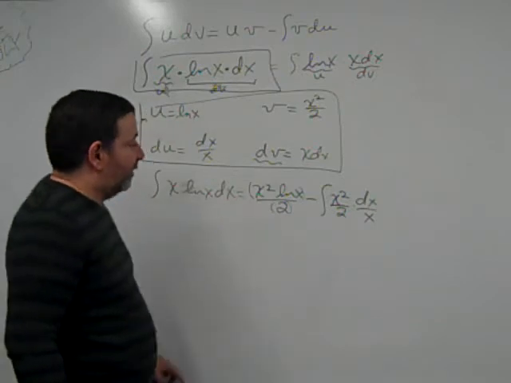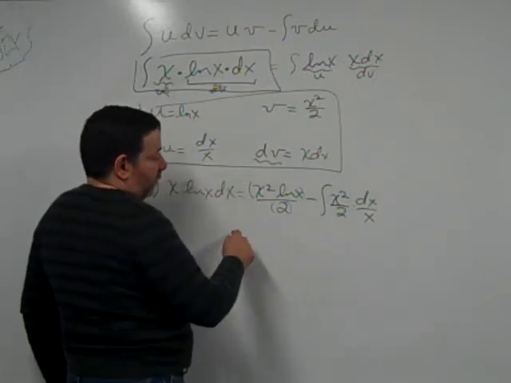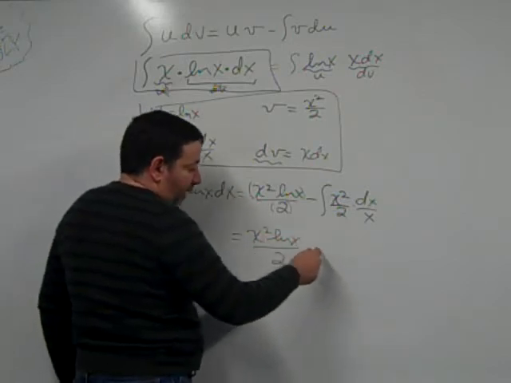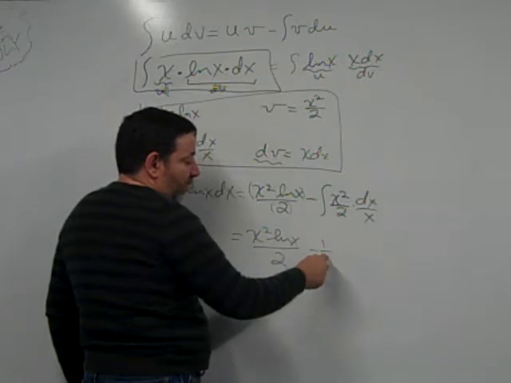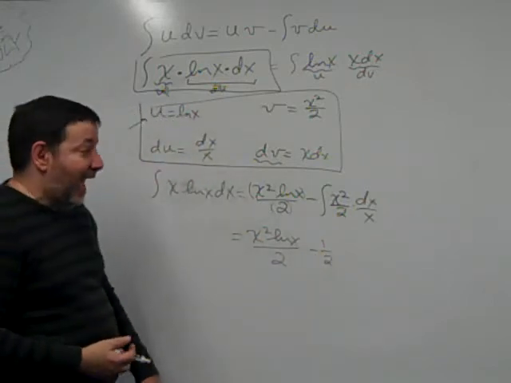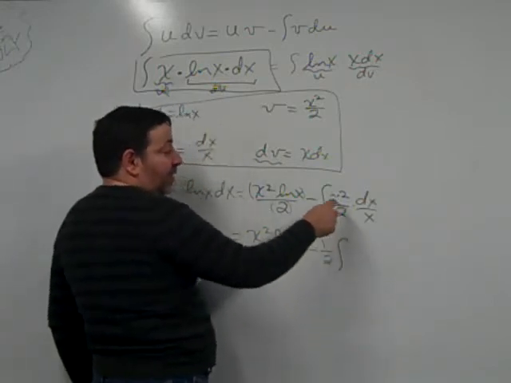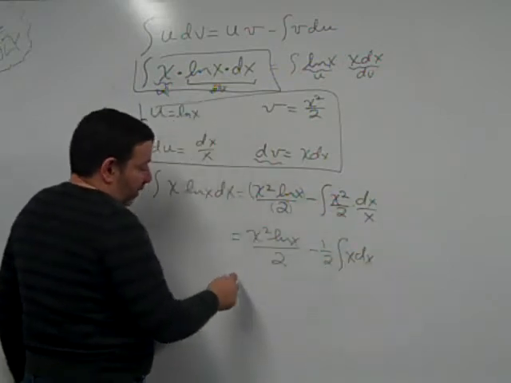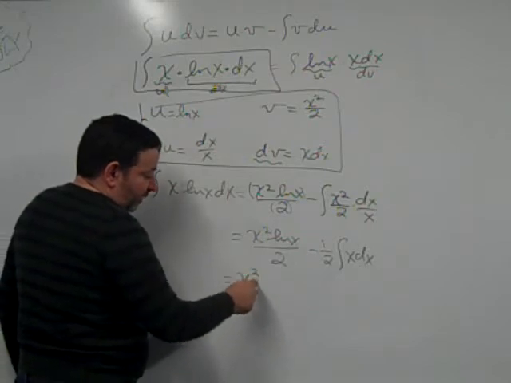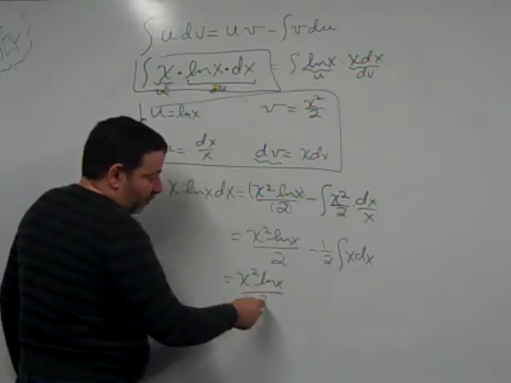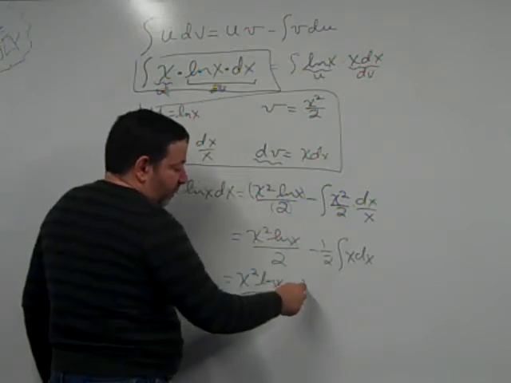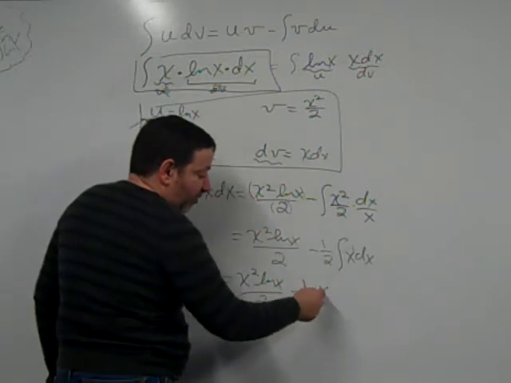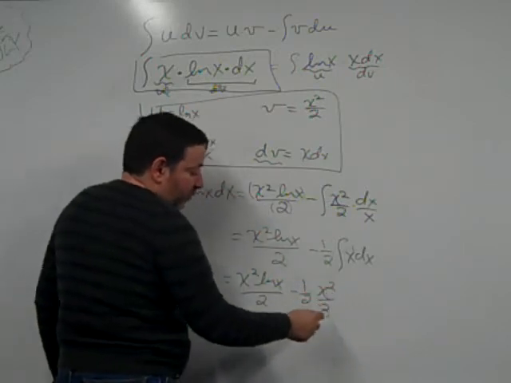Okay, so let us solve this integral. So you have x squared ln of x over 2 minus, I'm going to bring the 2 out since it's in the bottom, say a half, and put it in front of the integral, and x squared over x is just x dx. Okay, so we're almost there. x squared ln of x over 2 minus 1/2 times the integral of x to the 1 dx, which is x squared over 2.